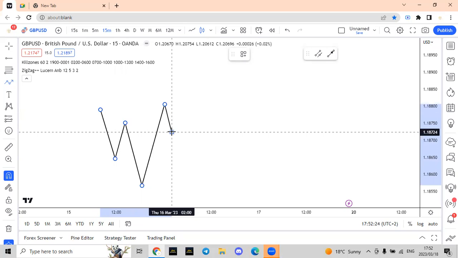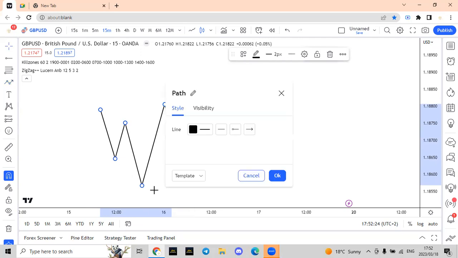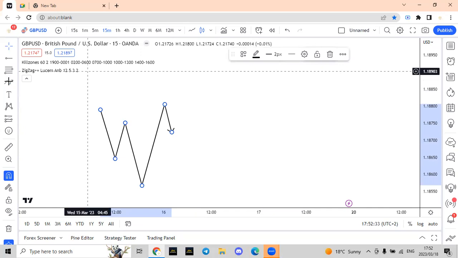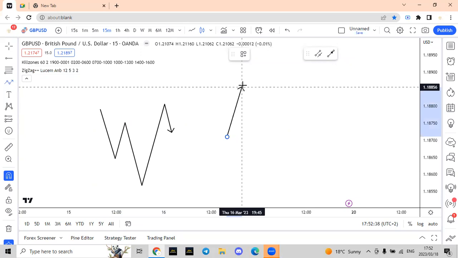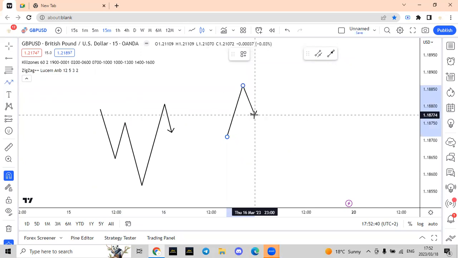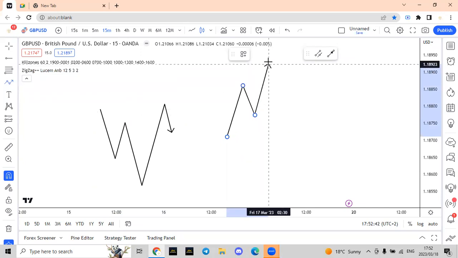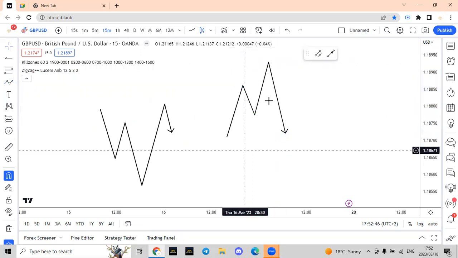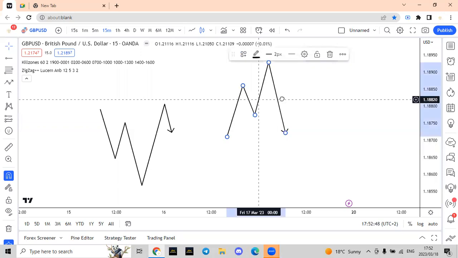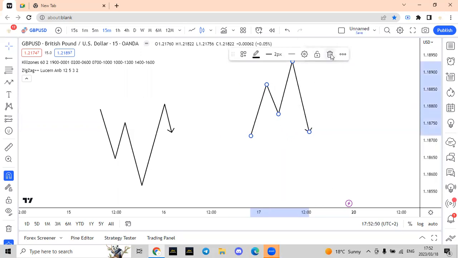This will be considered a strong low. A strong high is something like this: a high, a higher low, a higher high, and a break of structure. And this will be considered a strong high.